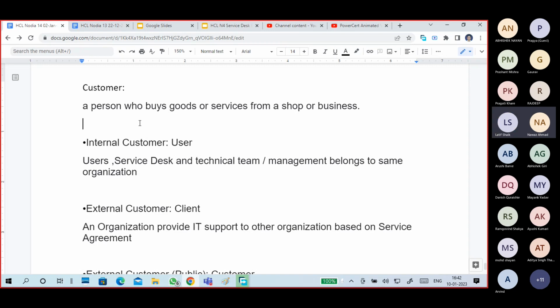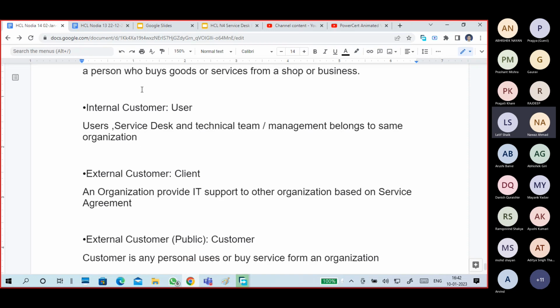That's the greatest: computers invented by America, supported by India. So what does customer mean? A person who buys goods or services from a shop or a business.